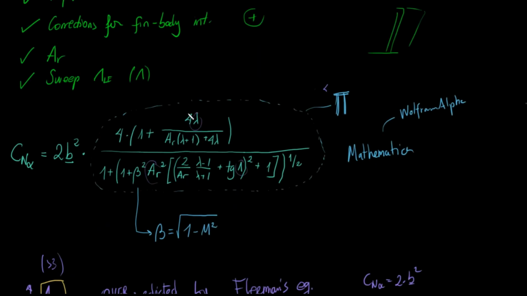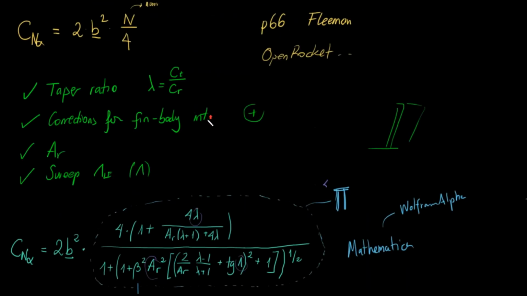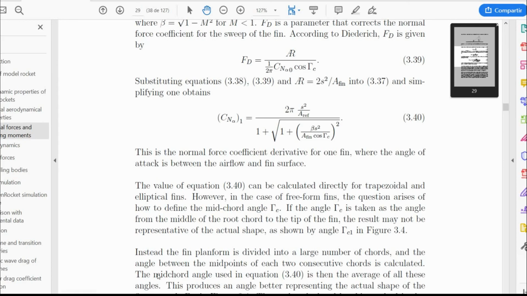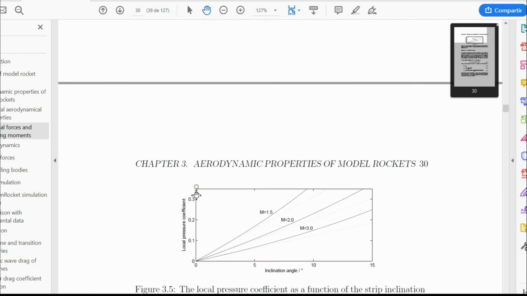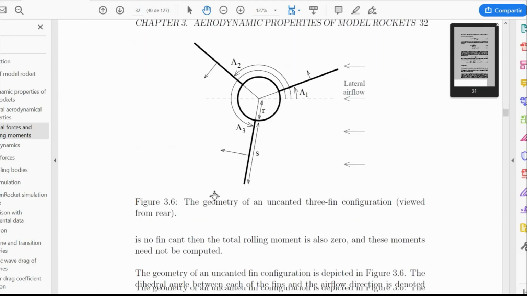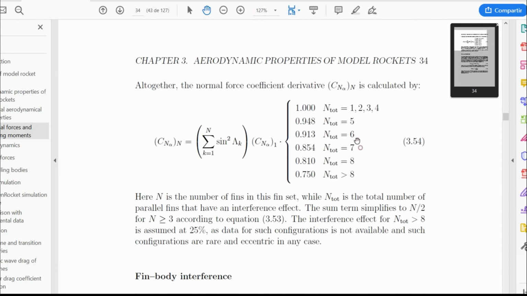And we've also introduced the corrections for the fin body interaction. One last thing I want to put in this video is the correction if we use more than 4 fins. So let's see, this is the OpenRocket technical documentation. We multiply by a correction factor if we have more than 4 fins.